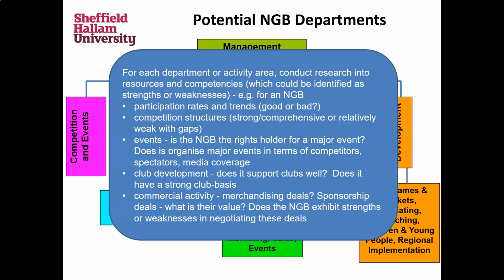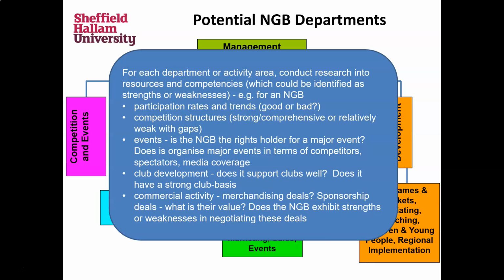The way we can do this is to conduct research into the resources and competencies for a national governing body, and look at evidence for what are participation rates and trends. Are they good or bad? What are the competition structures? Are they strong and comprehensive or relatively weak with gaps? What about events? Is the NGB the rights holder for a major event?